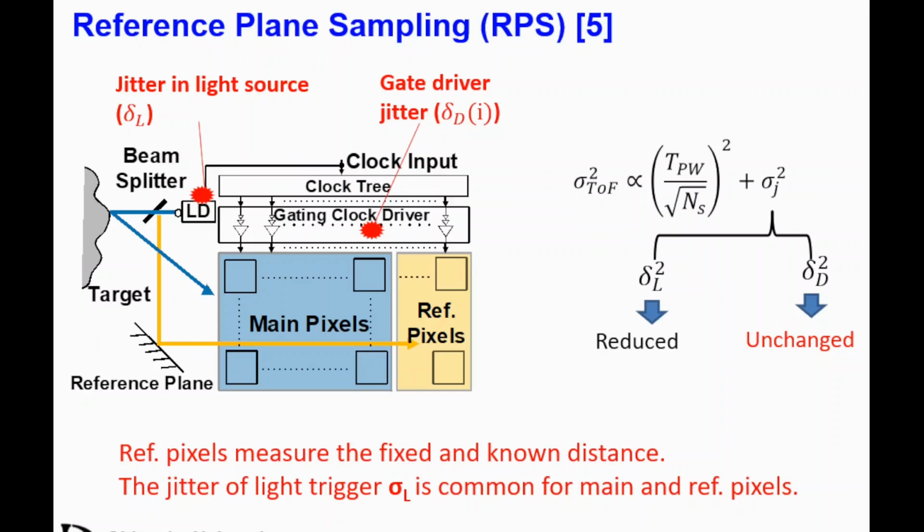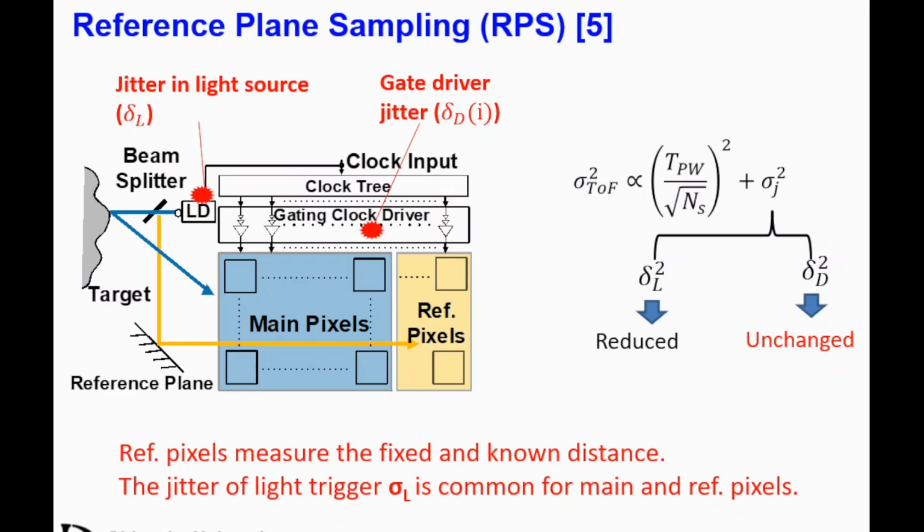So the fluctuation induced in the reference pixel corresponds to the jitter in the light source, and that same fluctuation is included in the main pixel.